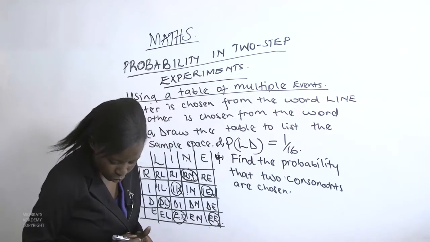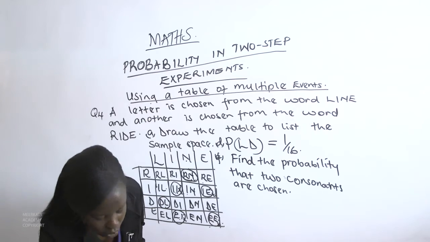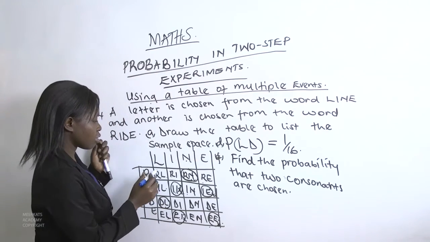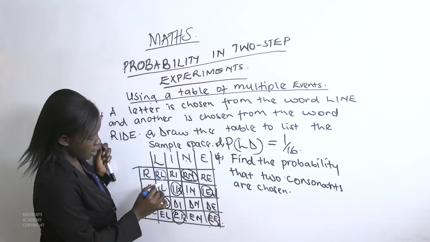So we are looking for 2 consonants. We find out where we have 2 consonants in this case. So this is the outcome. We have R and L.